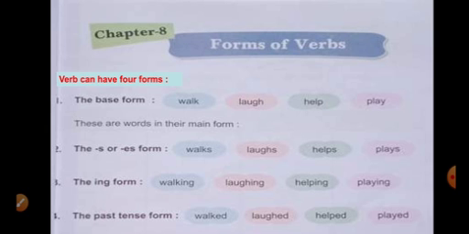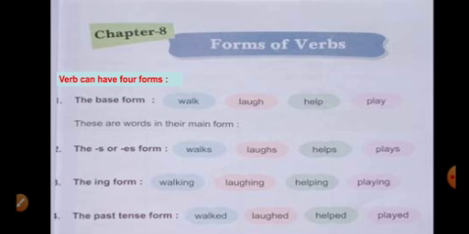Now, the next is the past form of the verb. As you know students, its name is past tense form. This form is used in the past tense. It is also called the second form of the verb.